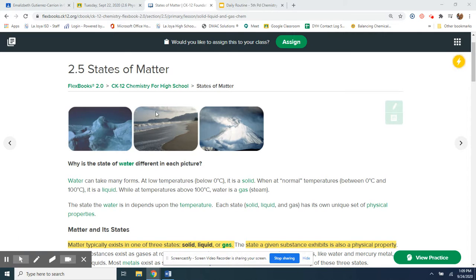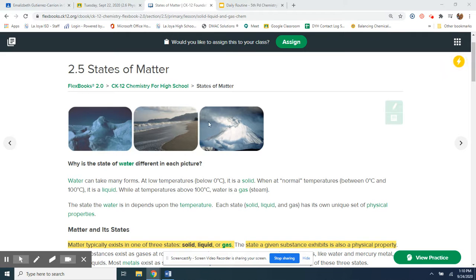The middle picture of the beach is probably somewhere between 0 and 100 Celsius, and it looks pretty warm. It's really sunny, so I'm pretty sure it's at a pretty normal temperature. I would say 80s or 90s. I don't know, but that's just me.